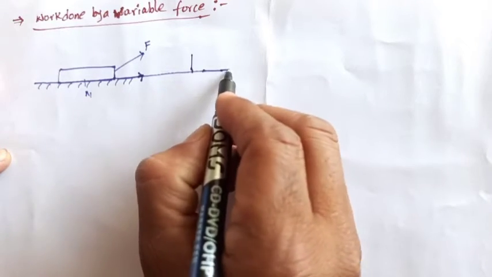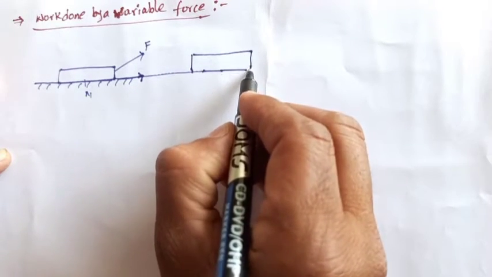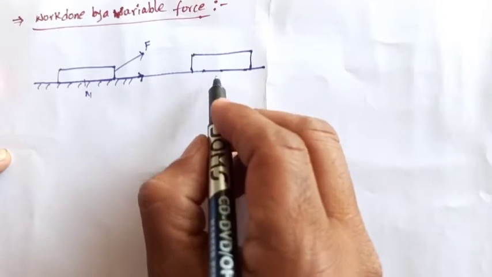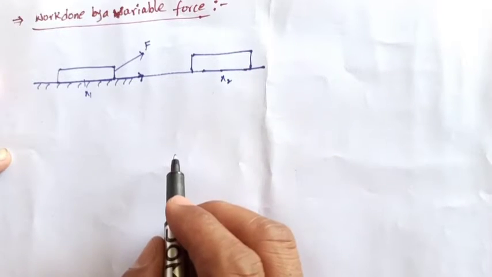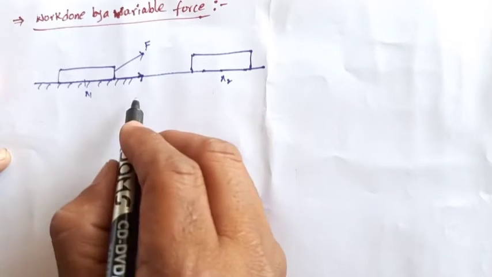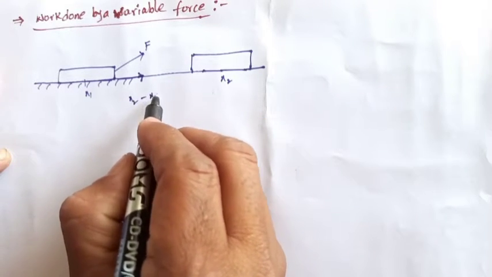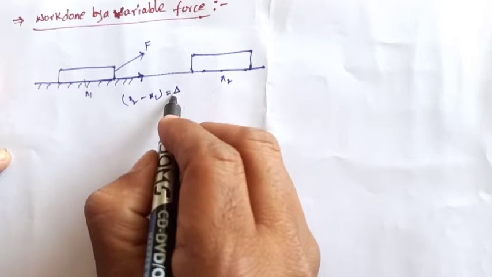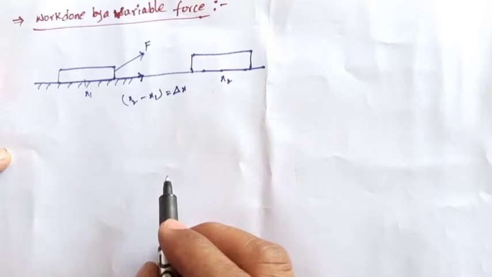After some time it reaches position x2. So x2 minus x1 is nothing but the displacement, which is taken as delta x.